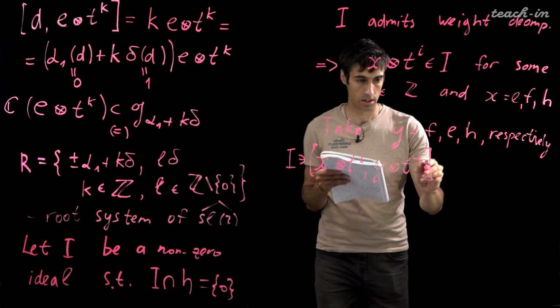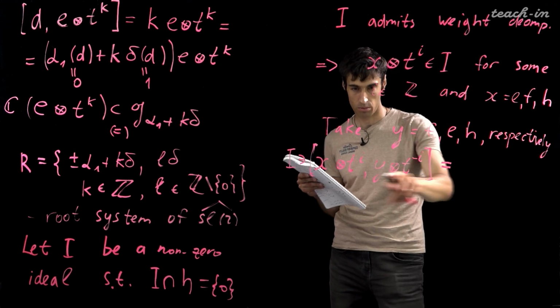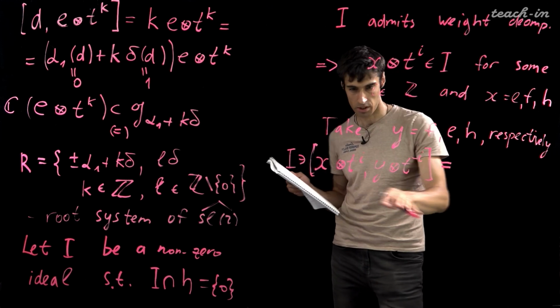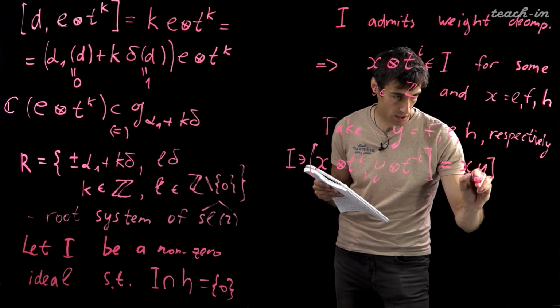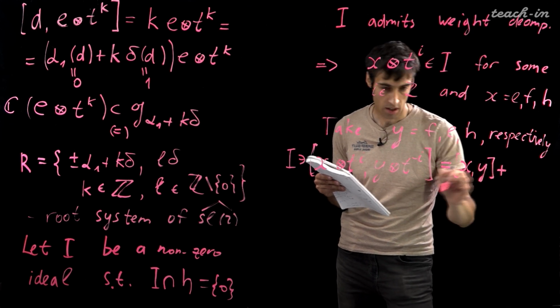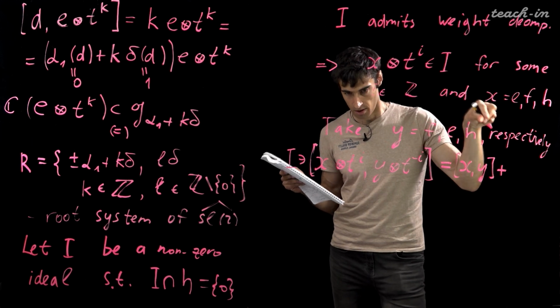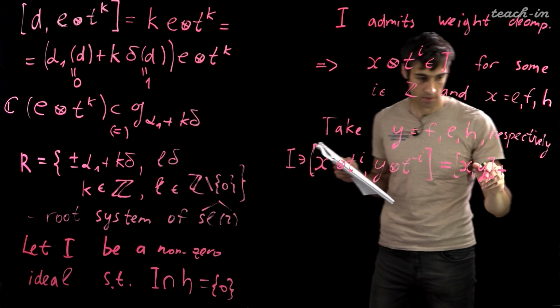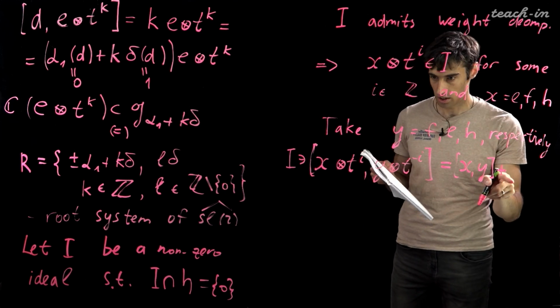On the other hand, computing this commutator by all the rules that we introduced today gives me the commutator of X with Y, plus, since i plus negative i is 0, this central element also gives something in here.